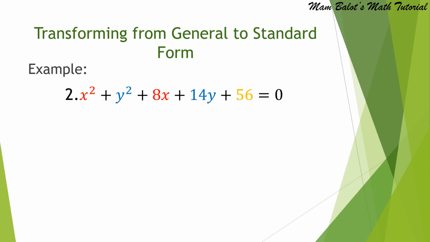Example 2. We have x squared plus y squared plus 8x plus 14y plus 56 equals 0. So grouping again the same variables, we have x squared plus 8x plus y squared plus 14y, and then transpose 56 to the other side, we have equal to negative 56.